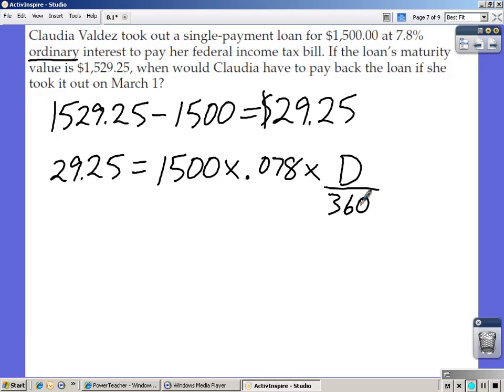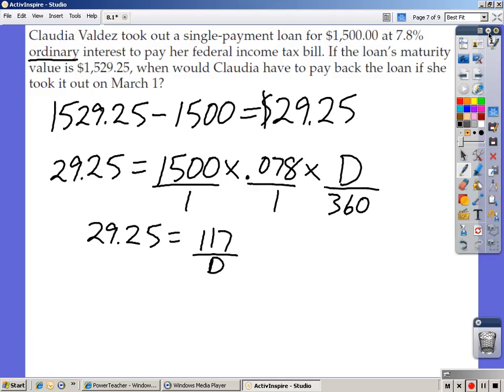Okay, multiply the same that we've been doing, top times the top, bottom times the bottom. 1,500 times 0.078 times D gives us 29.25 equals 117D divided by 360.